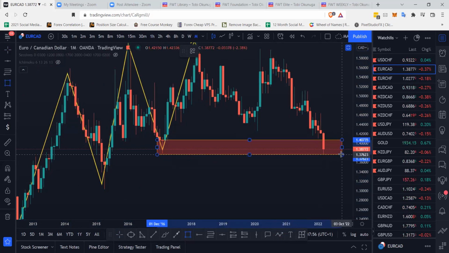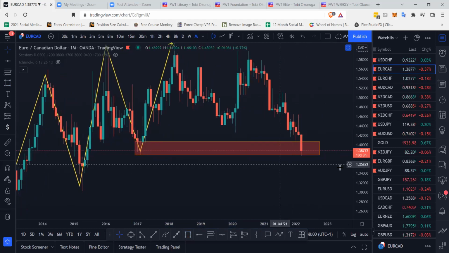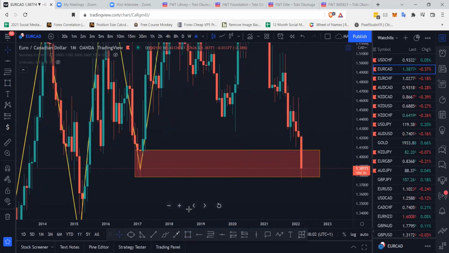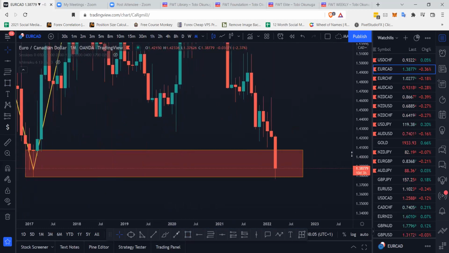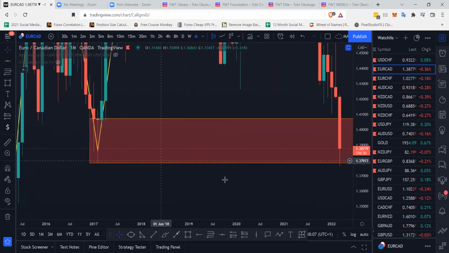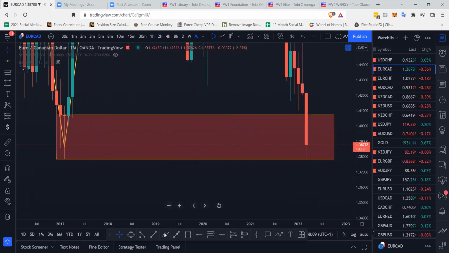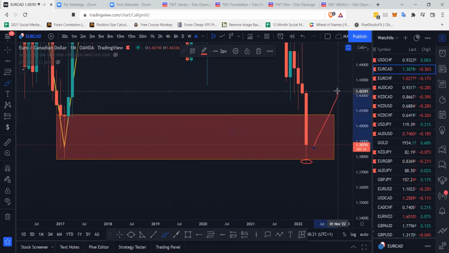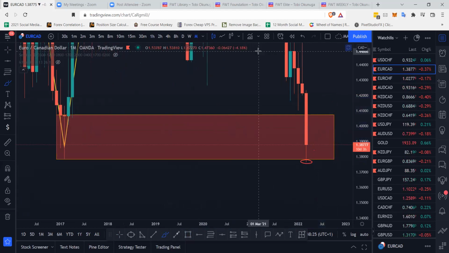You can see that we're in a demand zone on monthly, and then you can already see a little liquidity grab here. You can see this liquidity grab. All right, so ultimately, there's liquidity to move price up already from the monthly perspective. Okay, so that's why we want to find a buy.